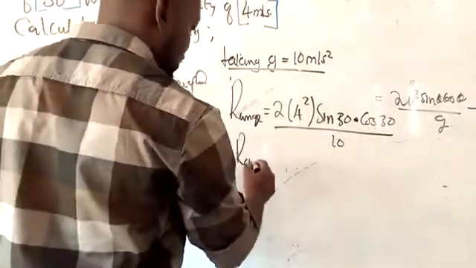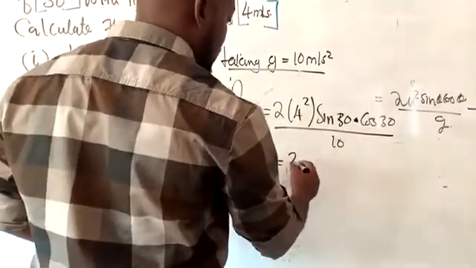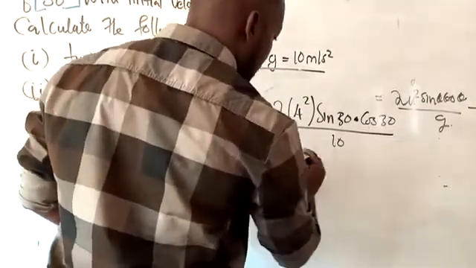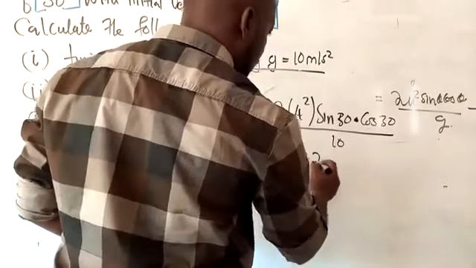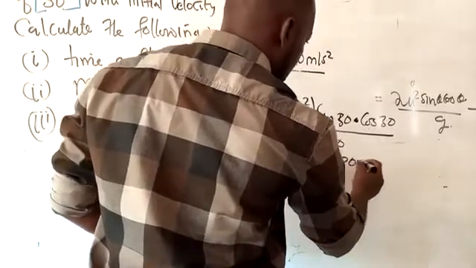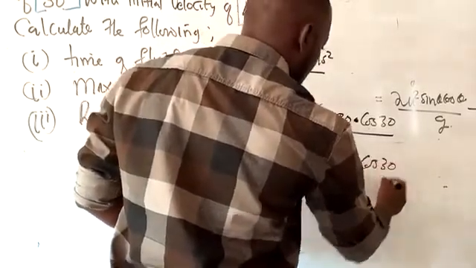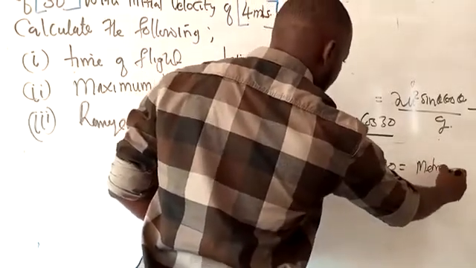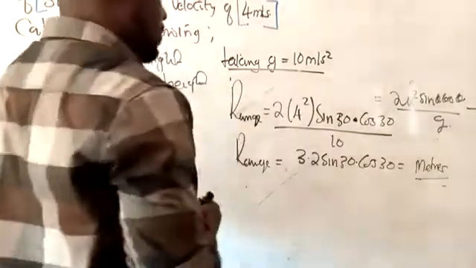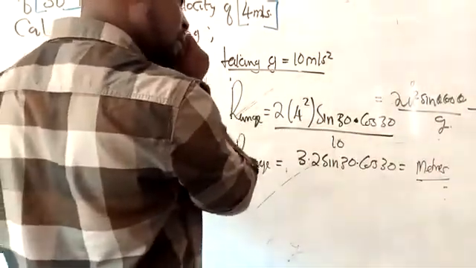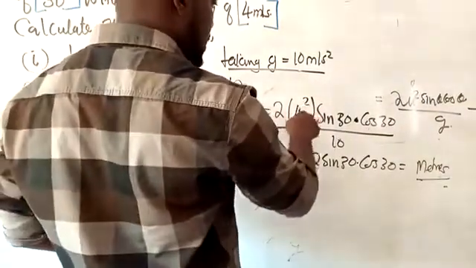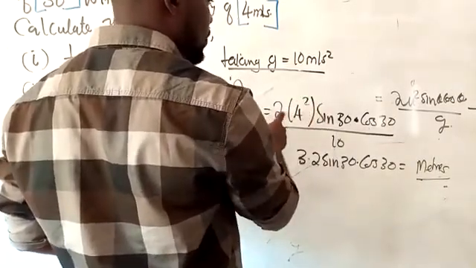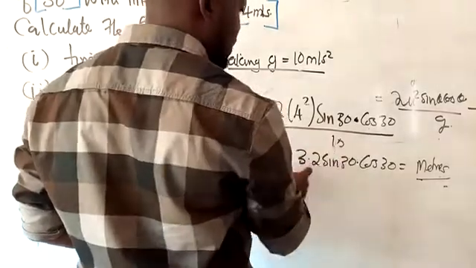So this range will give us 2 multiplied by 16, or let's just say 32, or let's just say 3.2 sine 30 cos 30. Okay, this should give us the range in meters. The reason why I got this 3.2 is this is 16. 4 to the power 3 is 16. 16 multiplied by 2 is 32. 32 divided by 10 is 3.2.